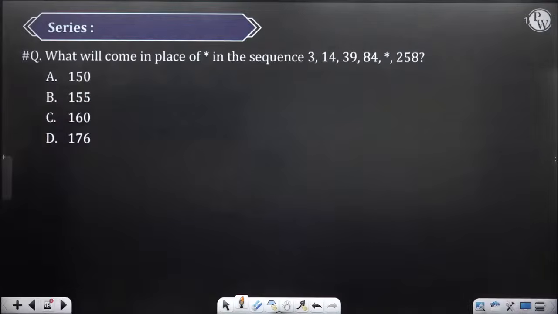The next question says what will come in place of star in the given sequence. The sequence is 3, 14, 39, 84, star and 258.